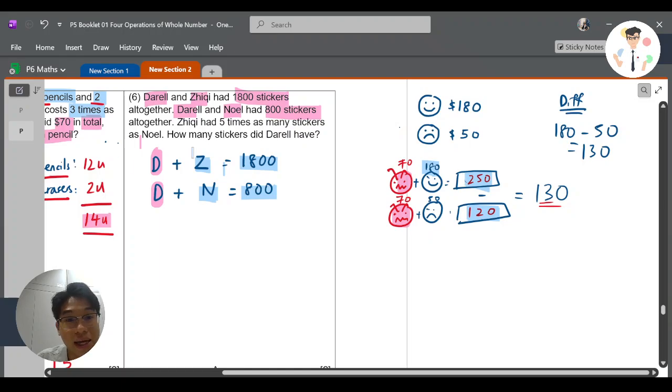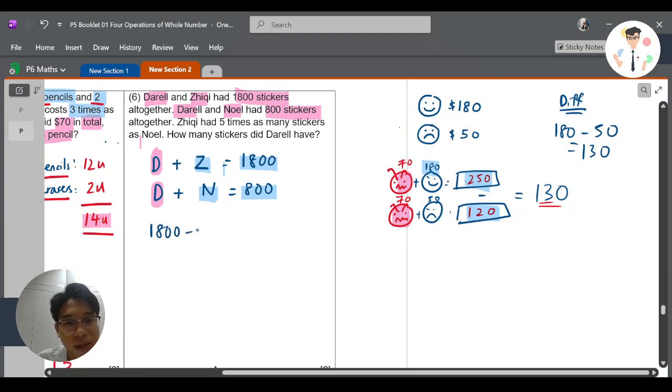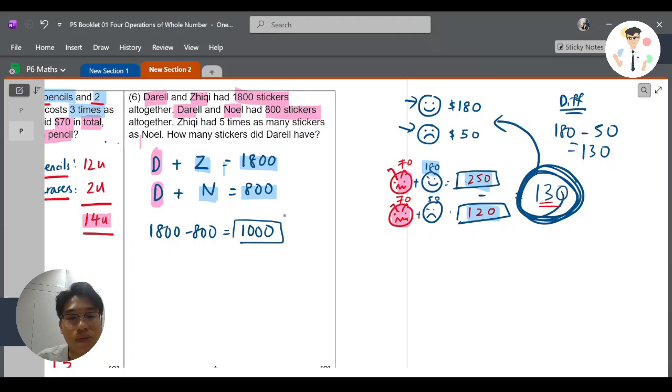Means their difference. Okay, 1800 minus 800 gives me 1000. And this is similar to what I did here. This 130 actually means the difference between these two persons. So the same thing, 1000 here actually means the difference between Zhiqi and Noel.